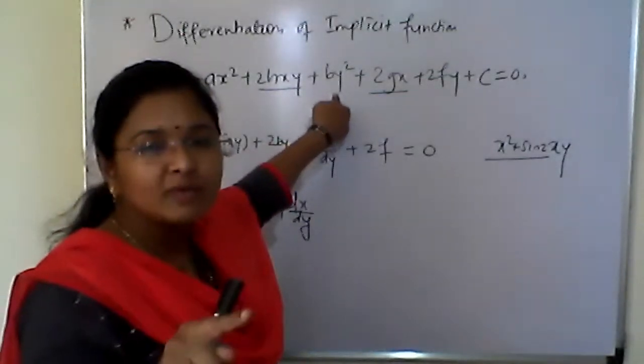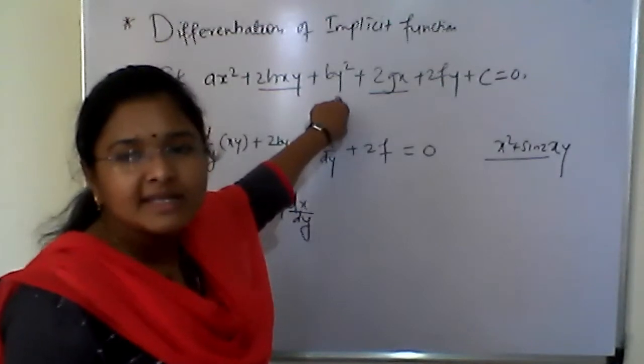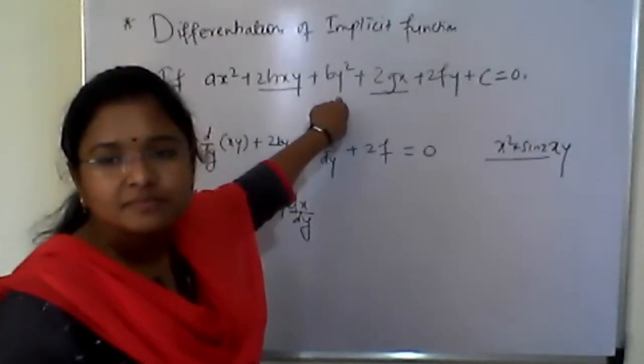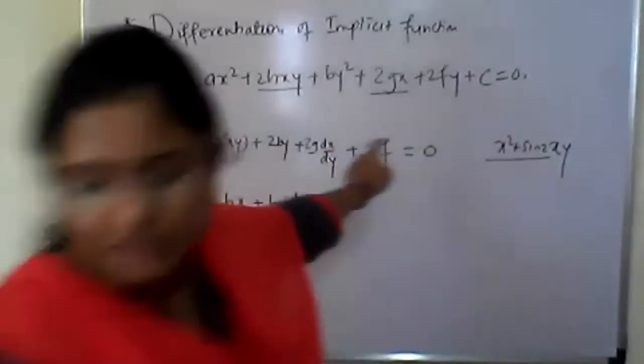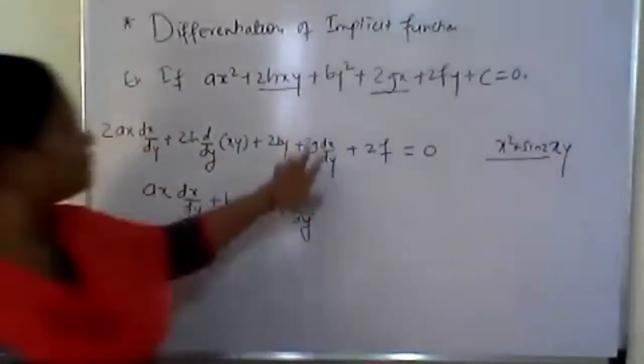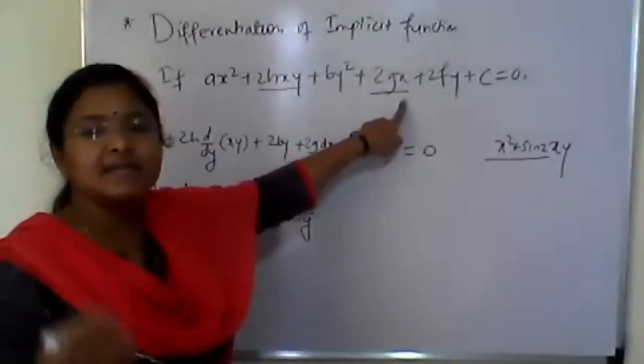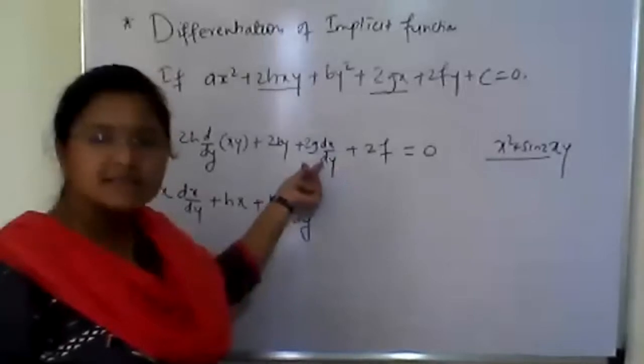With respect to y, its derivative will be 2by. Then twice of gx, its differentiation will be 2g constant.